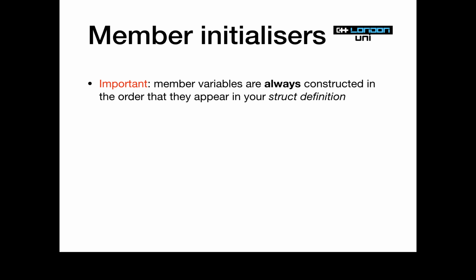Now this is really important, and a lot of people get it wrong. It's so important I put it in red. Member variables are always constructed in the order that they appear in your struct definition. Always, always, always.